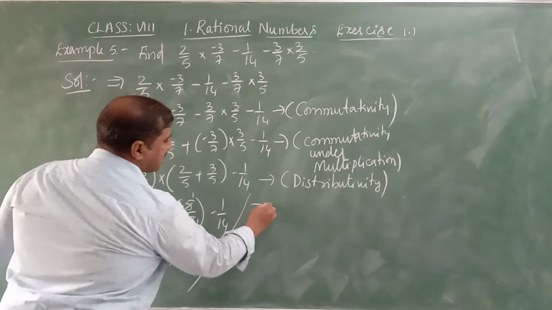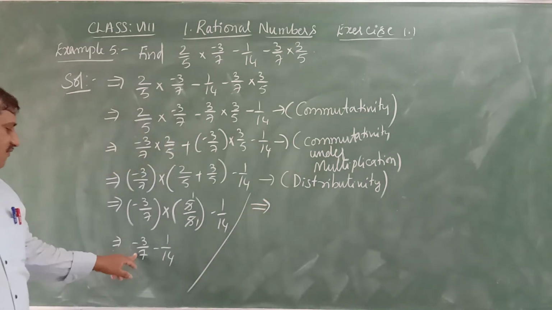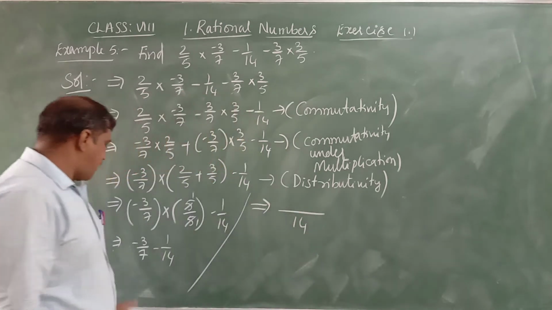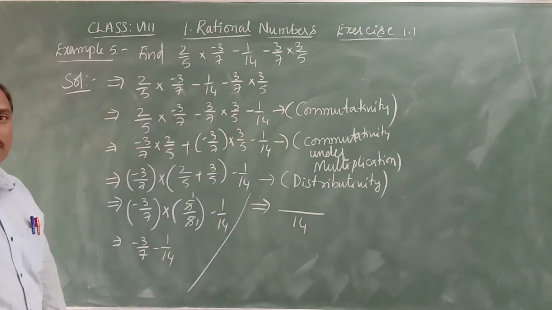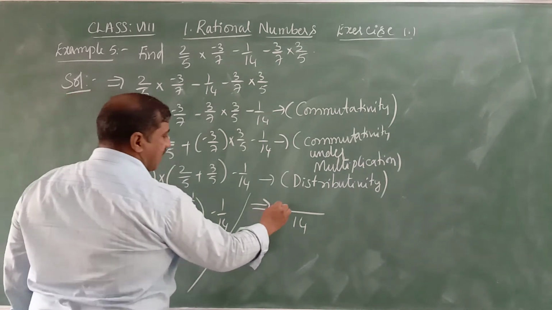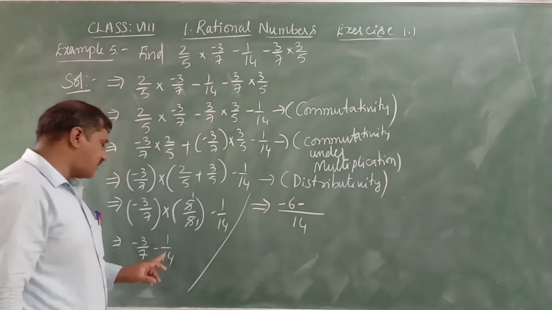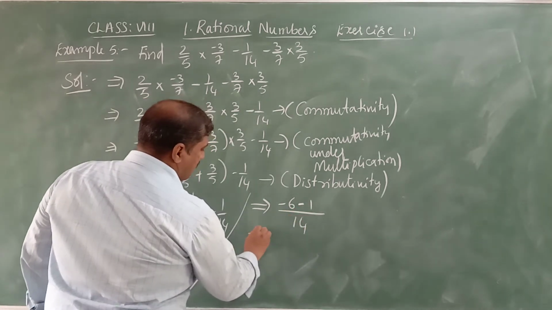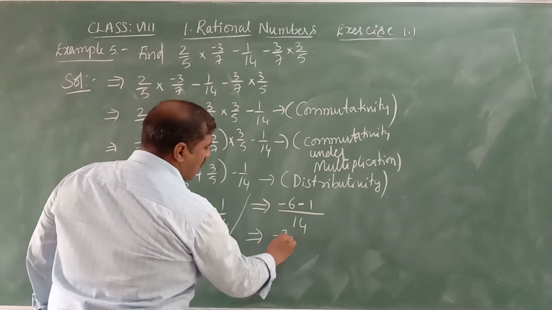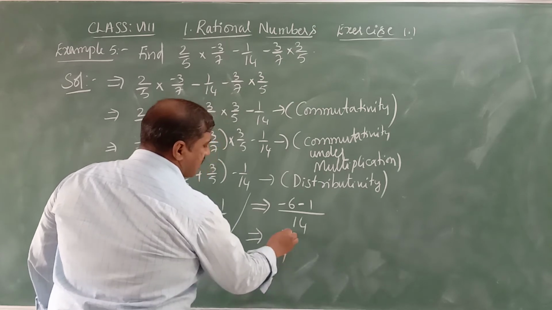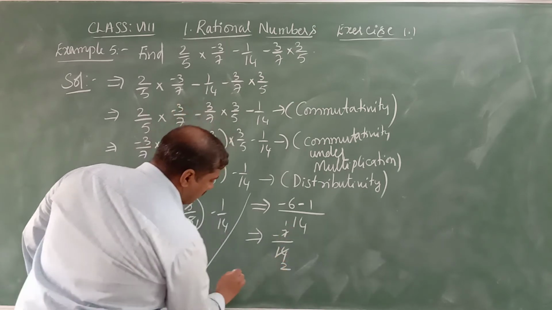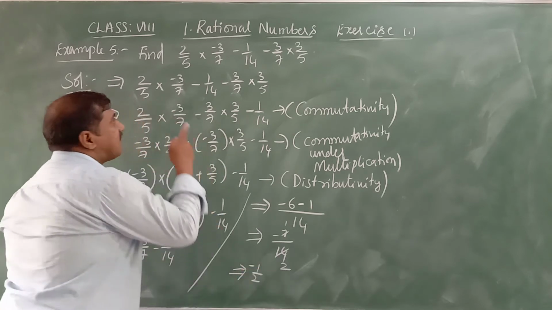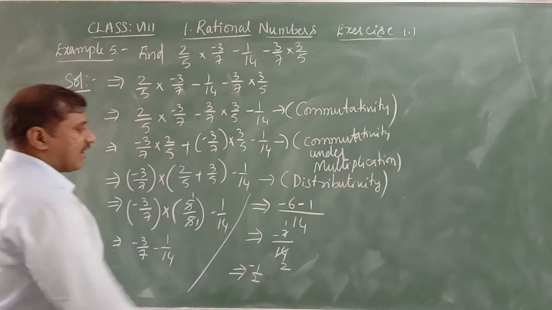Now take the LCM for 7 and 14. LCM for 7 and 14 is 14. Now 7 2s are 14. 2 into minus 3 is minus 6. Keep minus. 14 ones are 14, 1 into 1 is 1. This implies minus 6 minus 1 is equal to minus 7 by 14. 7 ones are 7, 7 2s are 14. Therefore minus 1 by 2. So that value is minus 1 by 2.